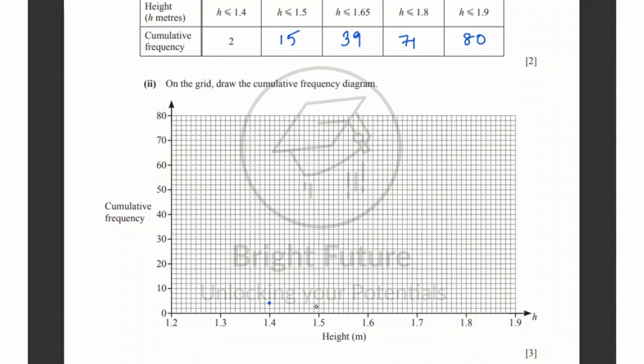Then 1.5, 15. So the first one is 2, so this is wrong. The next one is 15.